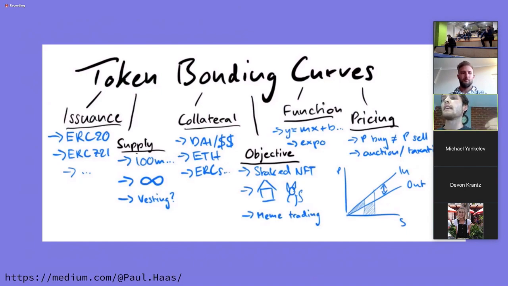So if people bought in and straight away sold out again, they would be losing value. But if they bought in, waited a certain time period until the token supply was further along the curve, and then sold out, then you would gain value. So it acts as both a way to reduce market manipulation as well as a way to provide some funding for the specific project.